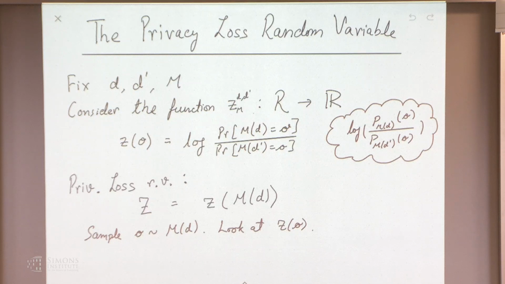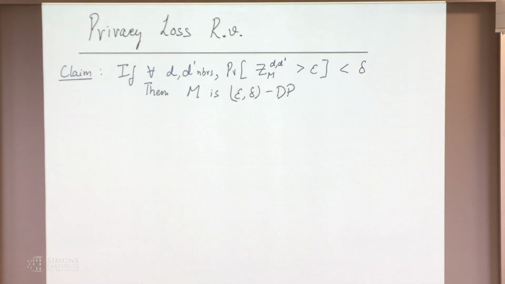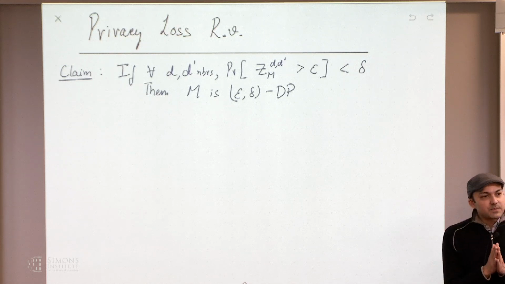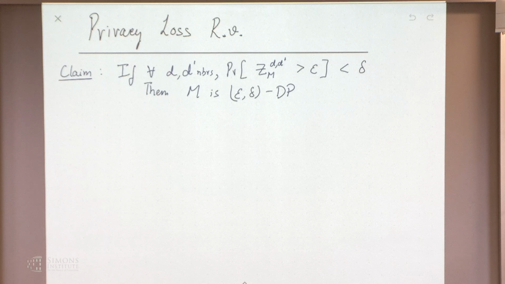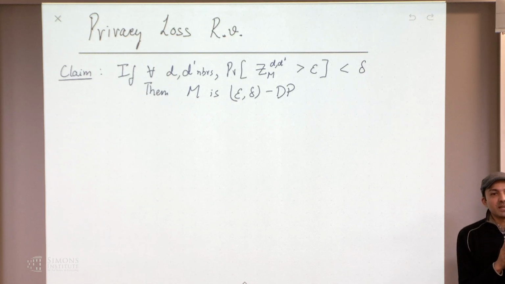Okay, so with that in mind, let's go back to the definition of differential privacy. Even before this, pure differential privacy, or epsilon-zero differential privacy, says that for every D and every D prime that is a neighbor of D, the privacy loss random variable is always bounded by epsilon.